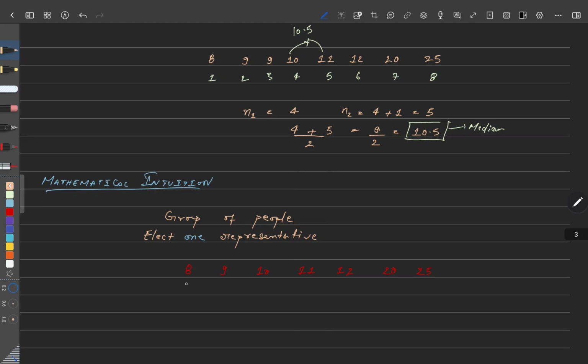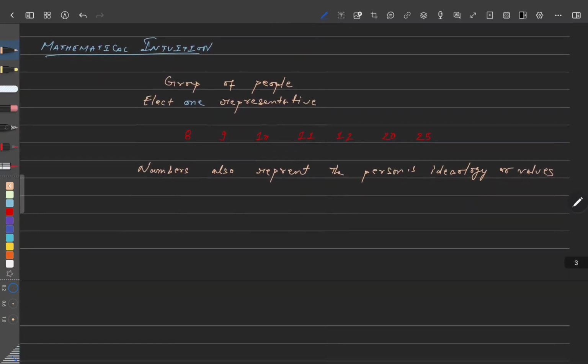So numbers also represent a person's ideology or values.